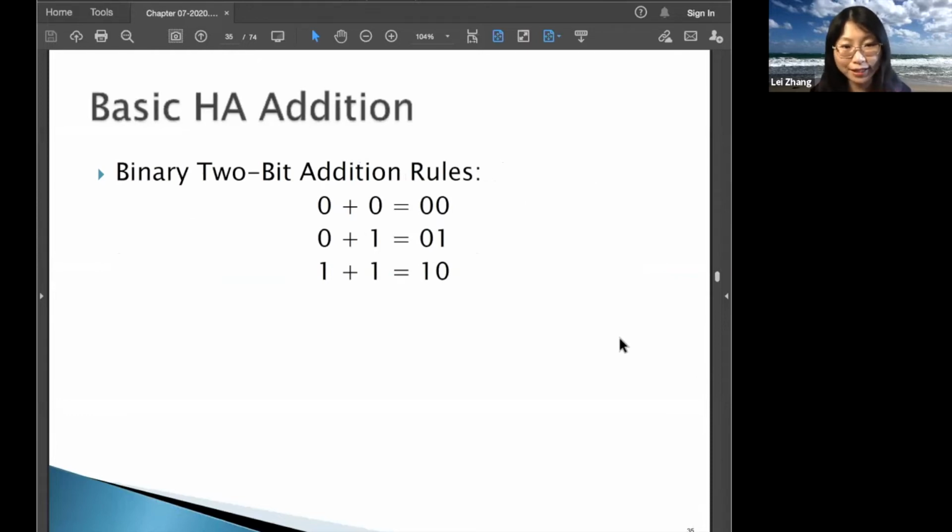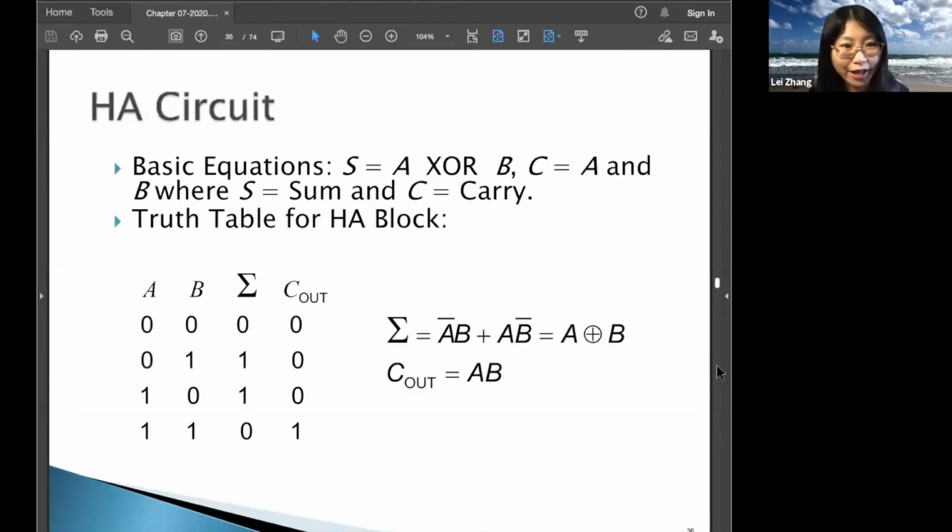So 2-bit addition will generate 2 output bits, one sum bit and one carry bit. That's the half adder. We have this truth table for the sum bit and the carry out bit.